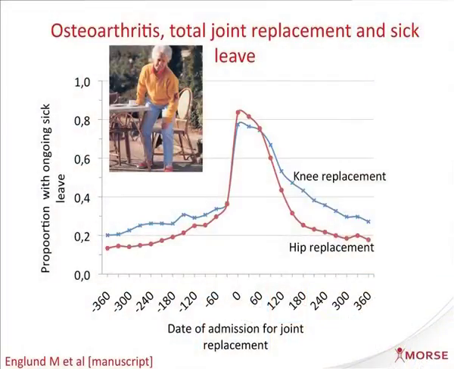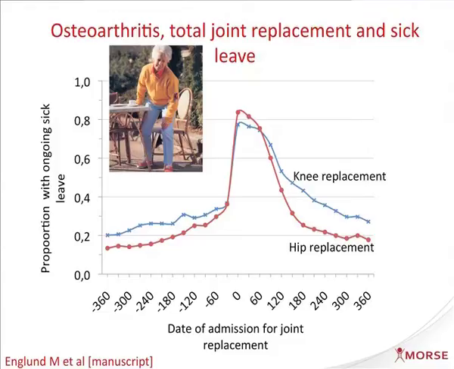Right, we can not only evaluate effects of pharmaceutical treatment, we can also apply this methodology to any kind of treatment, for example, surgery or rehabilitation and so forth. This is an example of total joint replacement in osteoarthritis patients. This is the same, a proportion on the y-axis, and the days: 360 days before surgery, this is the day of surgery, this is 1 year after surgery.